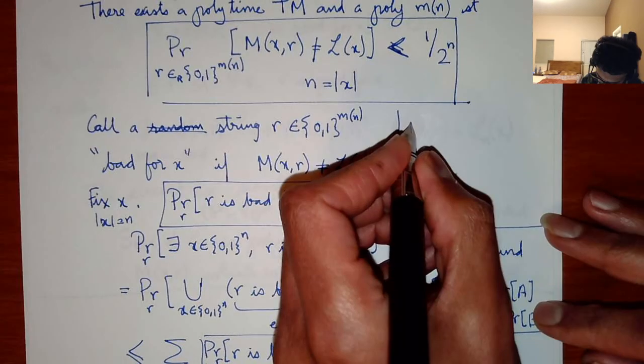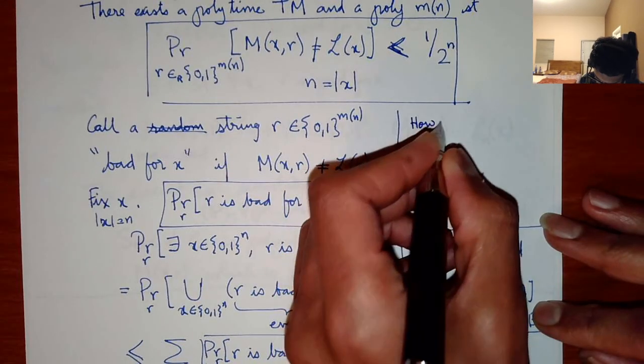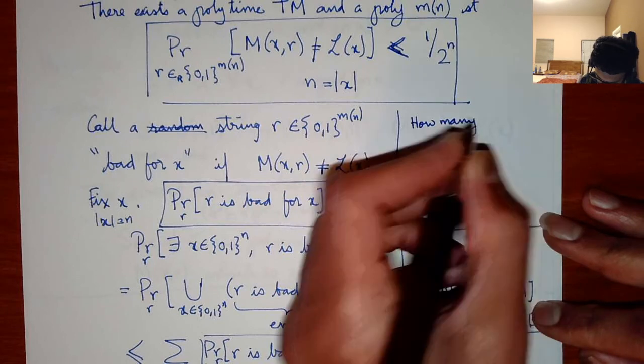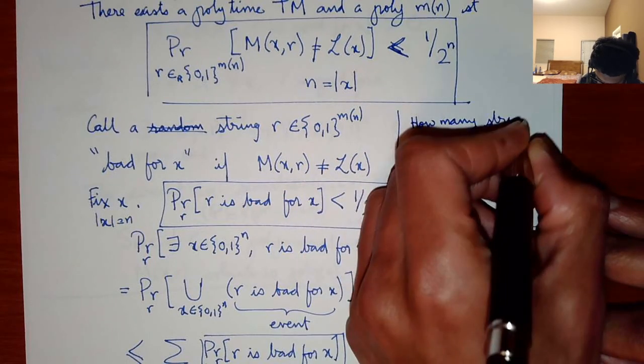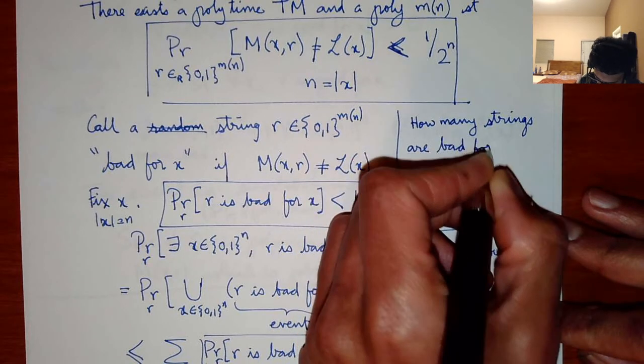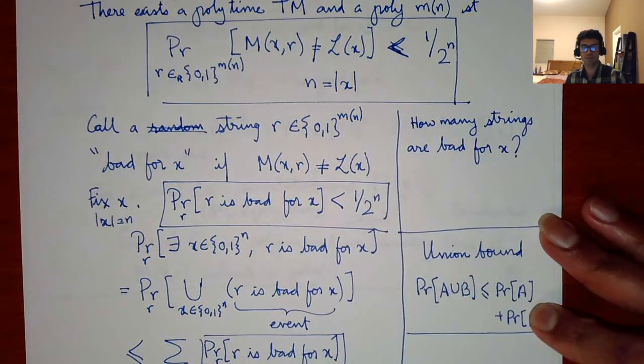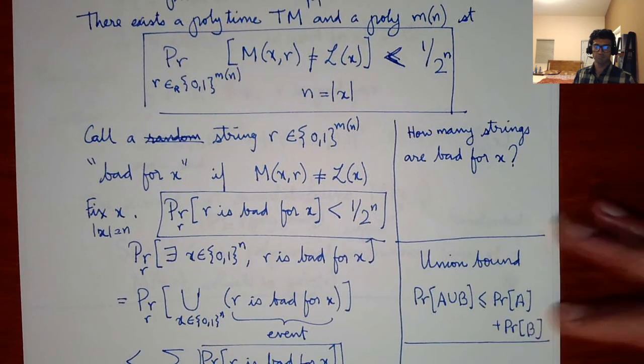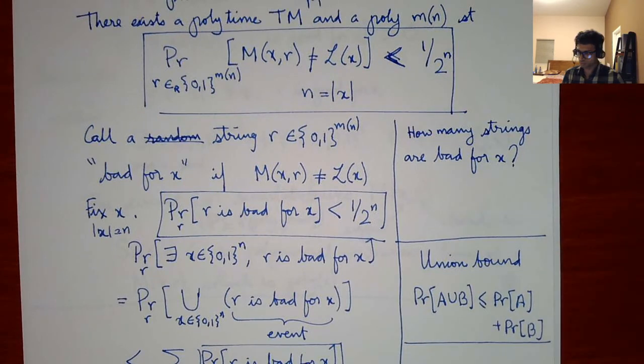Okay, first question. How many strings are bad for X? How many strings are bad for X?